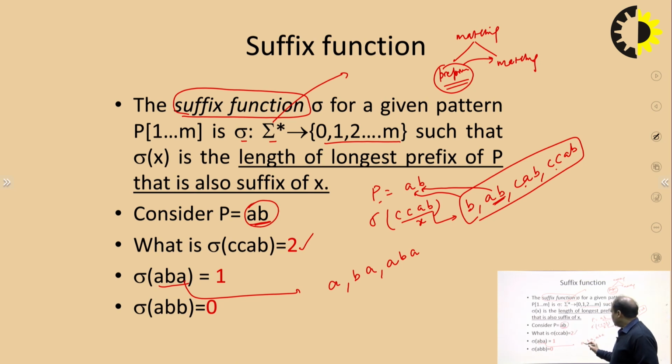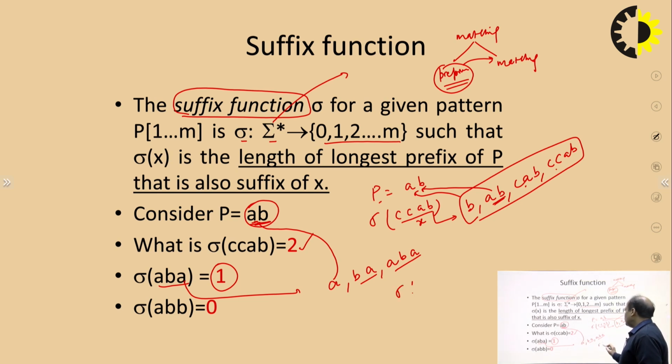We start from the longest one. ABA is not part of the prefix. BA is not part of the prefix. Of course, A is part of the prefix. So definitely its length is going to be 1. So this is the idea.